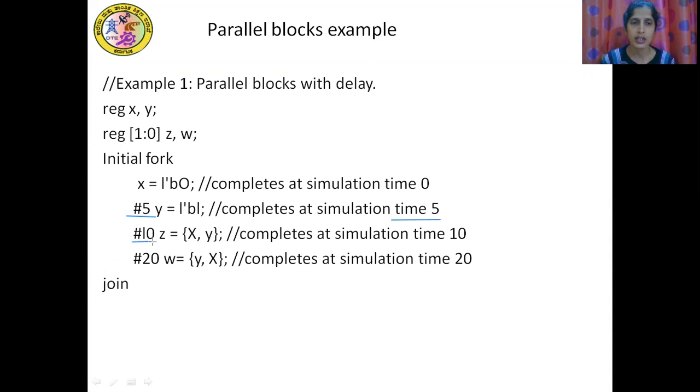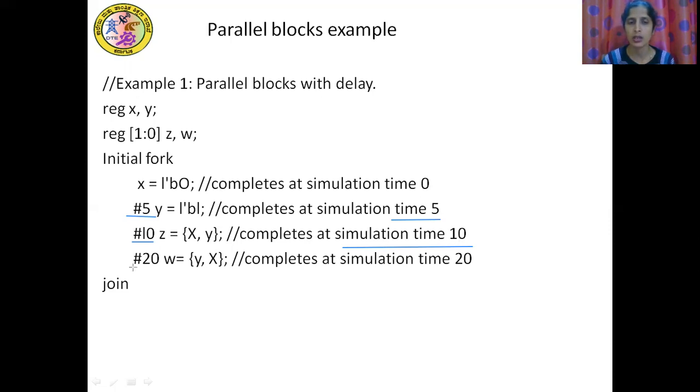Coming to the next statement, since it is associated with a delay of 10 time units, it will complete at 10 time units. In contrast, in a sequential block the same statement completes at 15 units of time, whereas in a parallel block it completes at 10 time units.